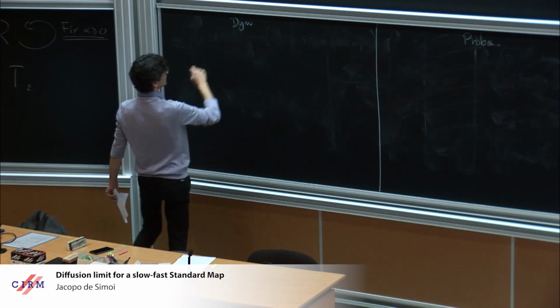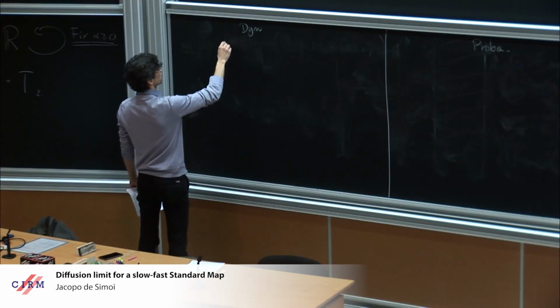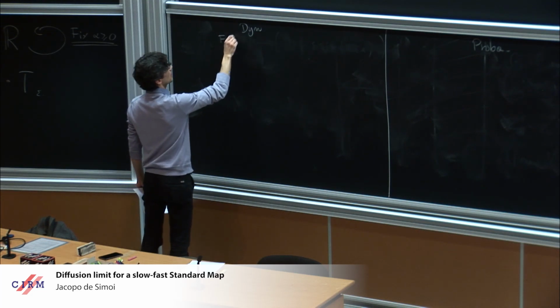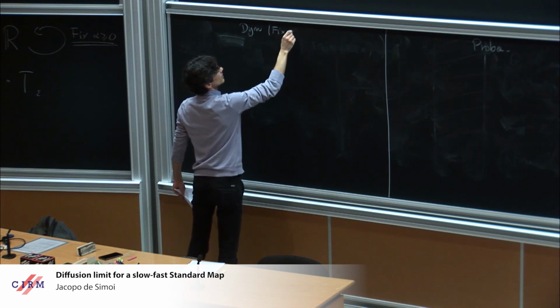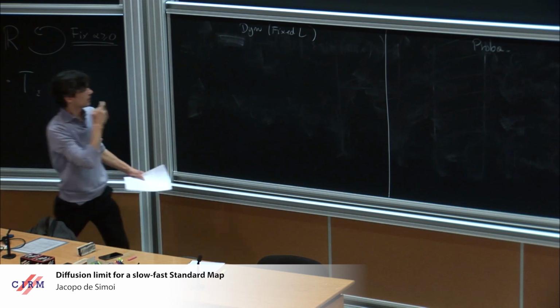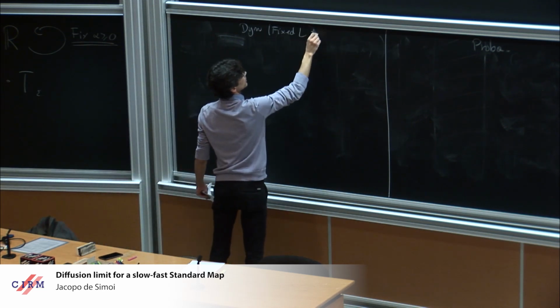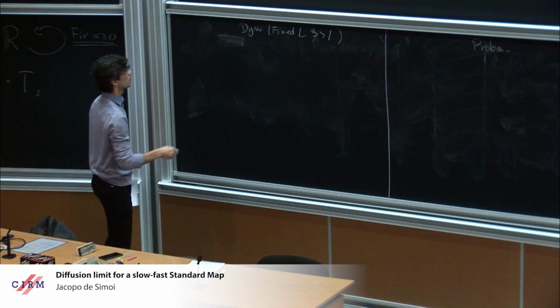So the dynamical part is the study of essentially the standard map with fixed parameter L. So in the dynamical part, we will fix L to be some large parameter. And let me stress that this is very large. And then what do we want to do?